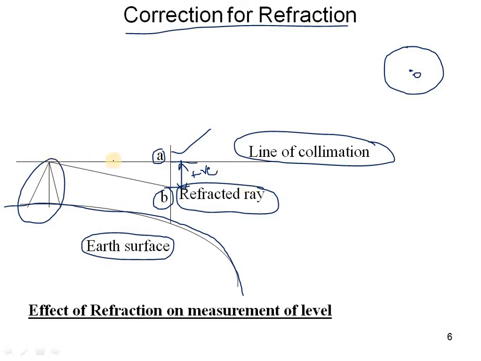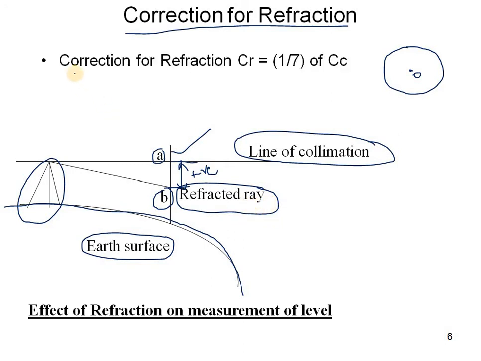In certain cases only these types will happen. So the correction for refraction CR is equal to 1 by 7 of CC.